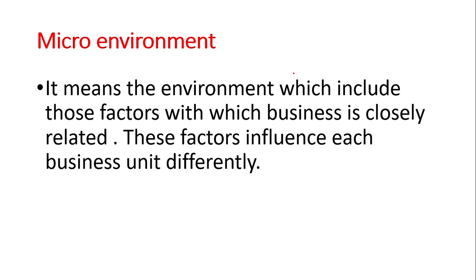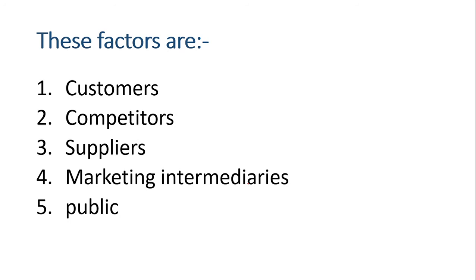These factors do not affect the entire industry, but they affect each business unit differently. So what are the factors that come under microenvironment? They are customers, competitors, suppliers, marketing intermediaries, and public.